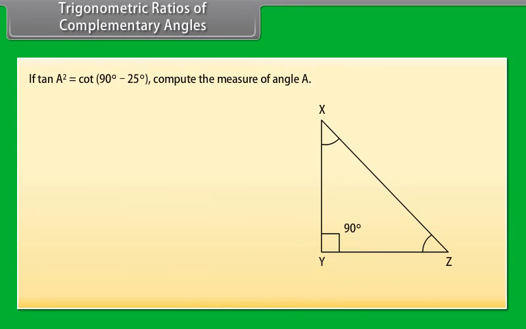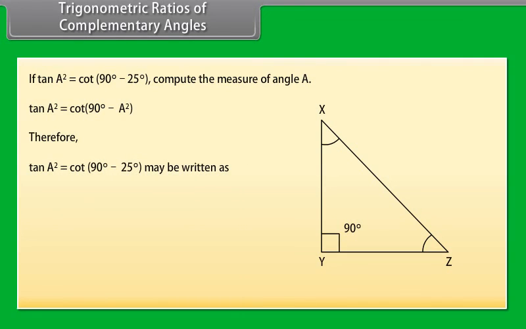Let us solve the same question in a different way. Cosec 79 degree is equal to sec 90 degree minus 79 degree, which equals sec 21 degree. Therefore, sec 21 degree cosec 79 degree is equal to sec 21 degree sec 21 degree, which equals sec square 21 degree.